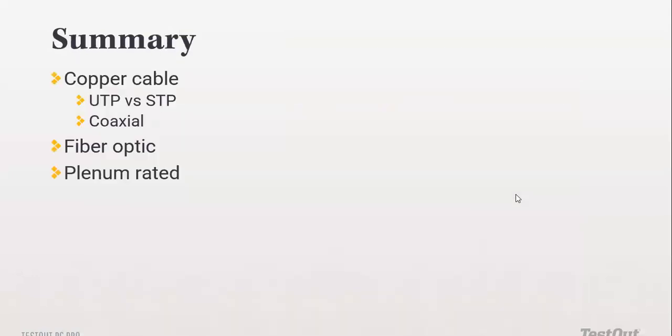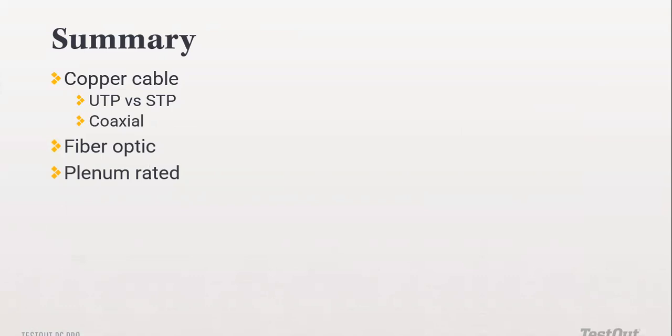Okay. So summarily, we talked about transmission cables that have physical transmission mediums. We mentioned cables that have copper inner conductors, such as the UTP and STP twisted pair cables and coaxial cables.